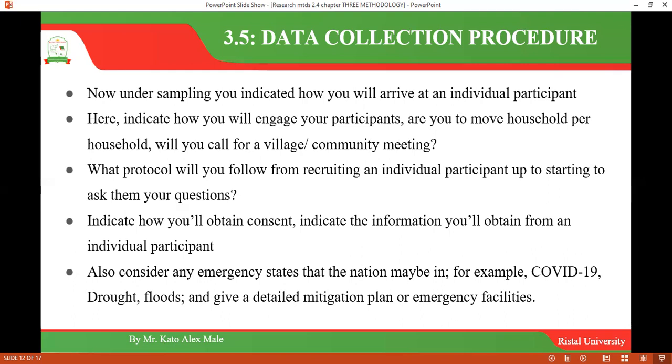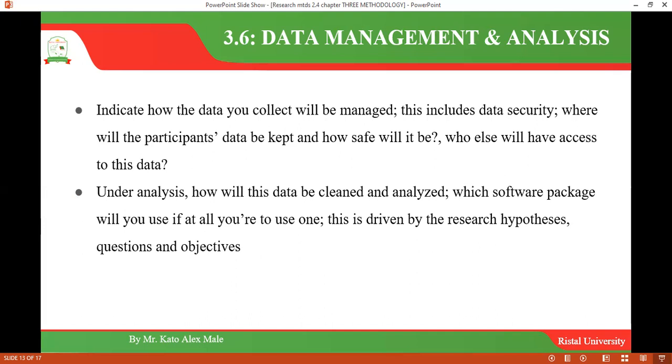Data management and analysis: indicate how the data you are going to collect will be managed. This includes data security. Data security is very, very key. Where will the participant data be kept and how safe will it be? Tell us. Are you going to collect this data and then gather it on a flash disk? Are you going to collect this data on hard copies? And where are you going to keep these hard copies?